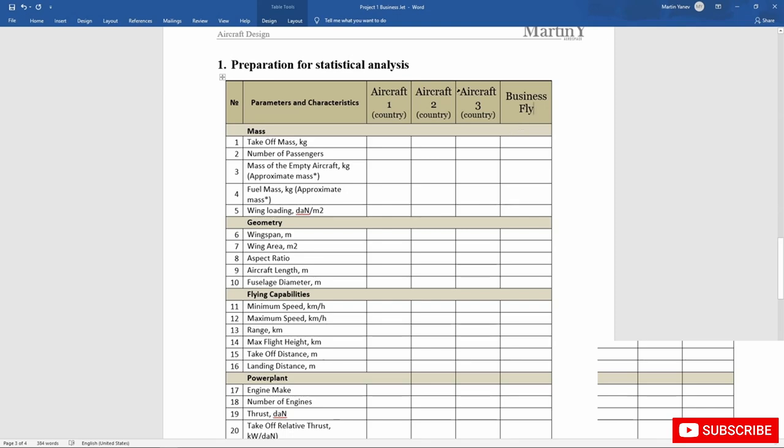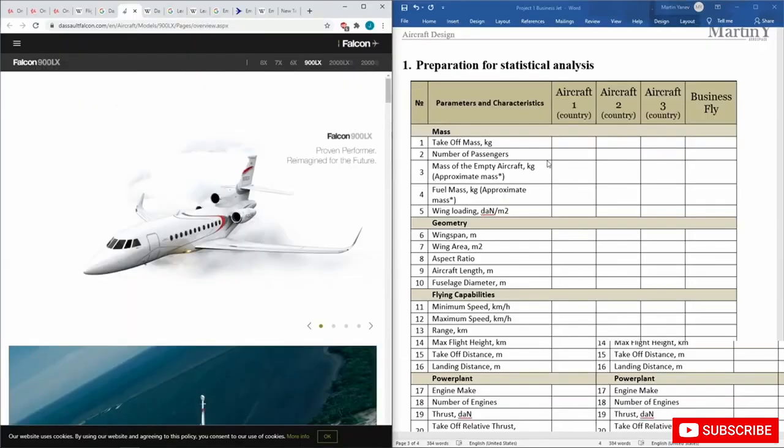And it is important to note that once you record the data for your statistical aircraft, then you can fill in here approximate numbers for the parameters that you estimate your aircraft will have, with its number of passengers and weight. So here on the web I found 3 aircrafts that are quite similar to the business jet that we're developing here.